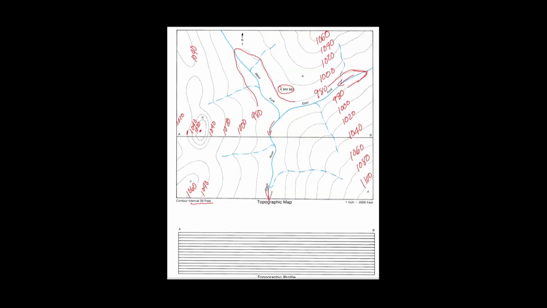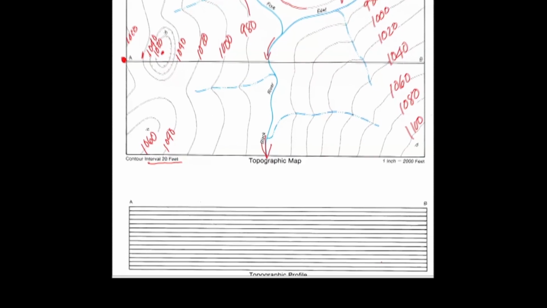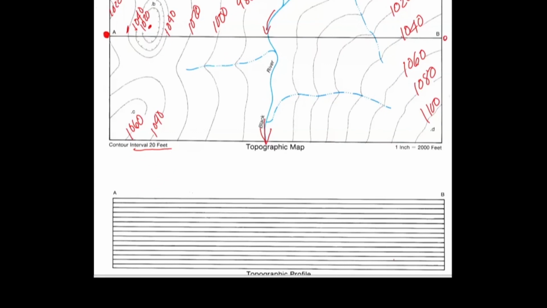To construct a topographic profile, we're going to use this grid at the bottom of the page, and we will also be constructing our profile from west to east across the map from point A to point B. We need to set ourselves up a vertical scale on this grid, and I'm going to let the bottom line represent 960 feet, and then every other line will represent 20 feet.